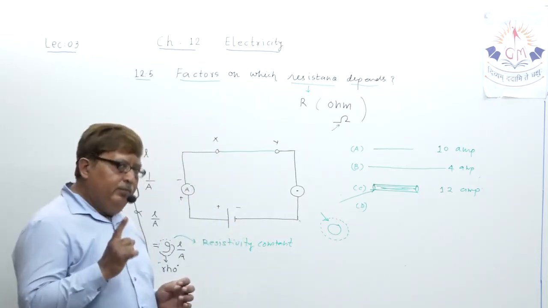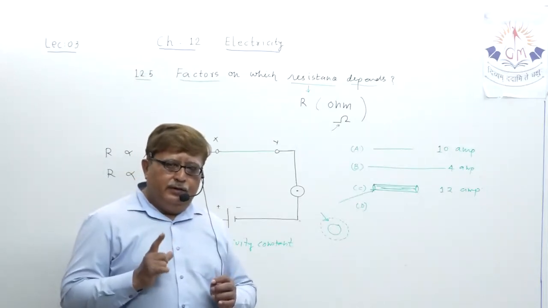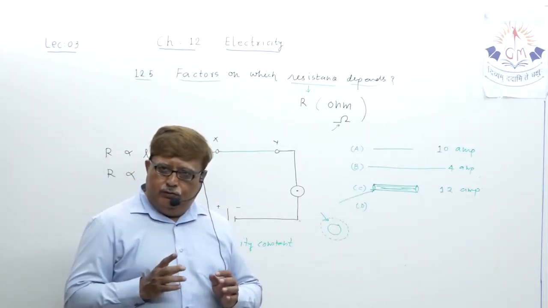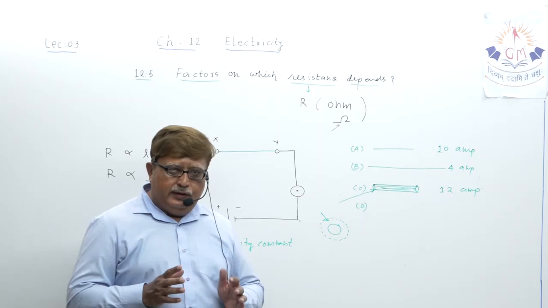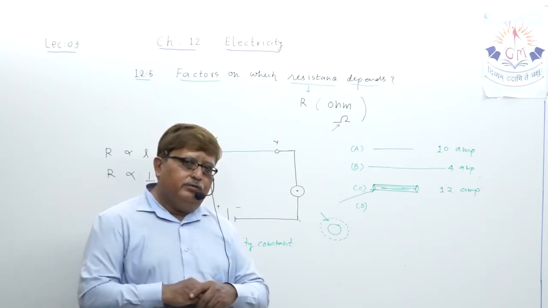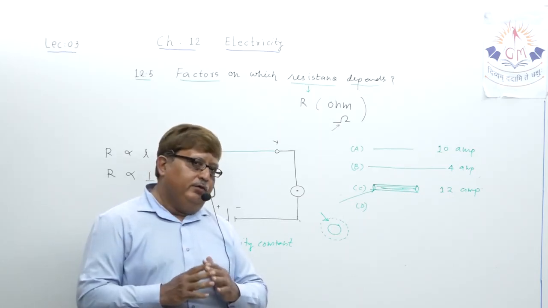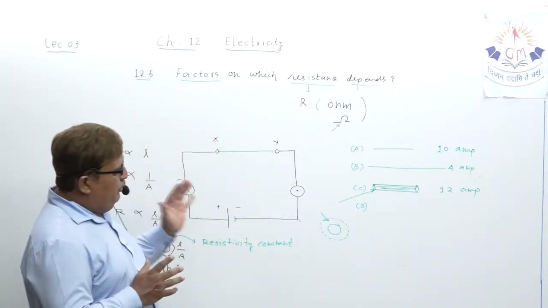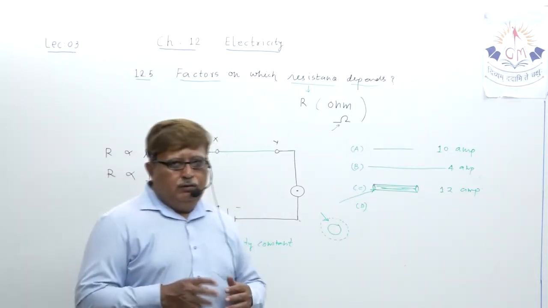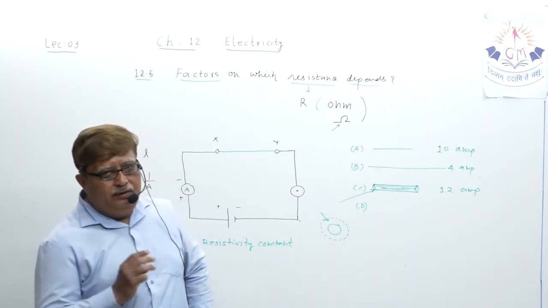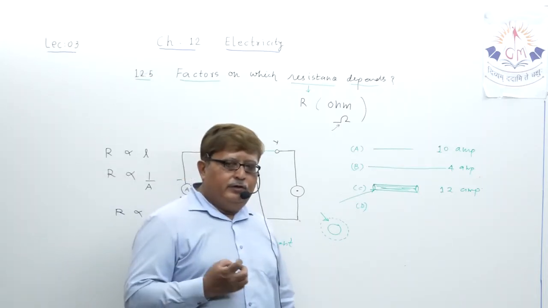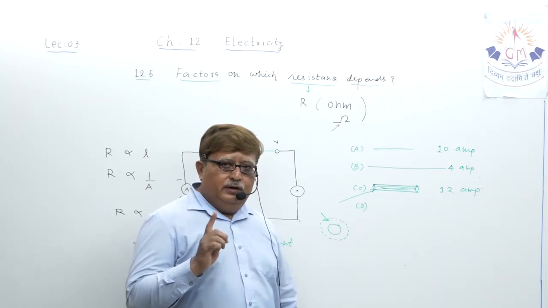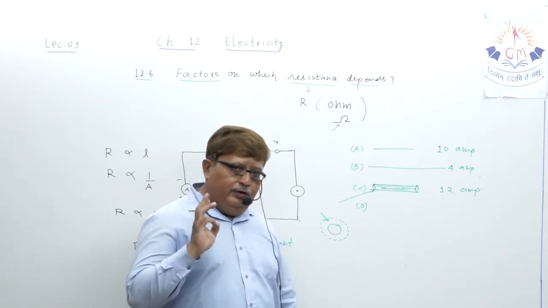So that means one more thing, that resistance also depends on the type of material. So my dear student, to sum up, can you sum up in your mind? Resistance depends on three factors.